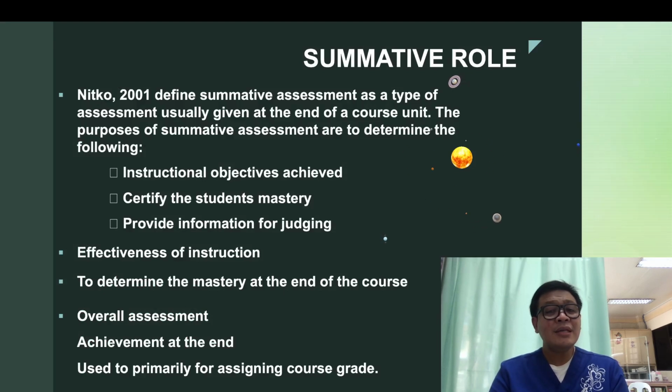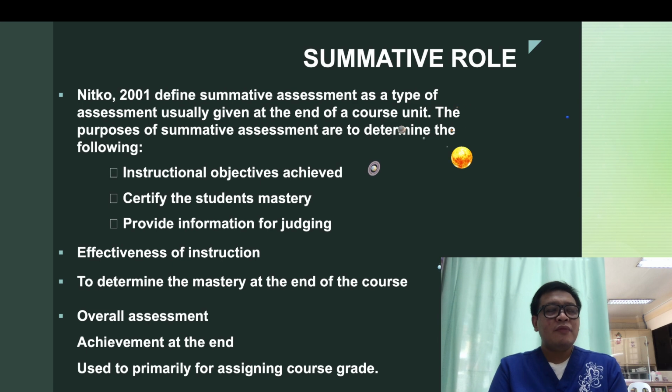And the last role that we will be tackling is the summative role. So NITCO of 2001 again defined summative assessment as a type of assessment usually given at the end of a course unit. The purpose of summative assessment would suffice three different determinants. First is whether instructional objectives are being achieved, to certify the student's mastery, and to provide information for judging.